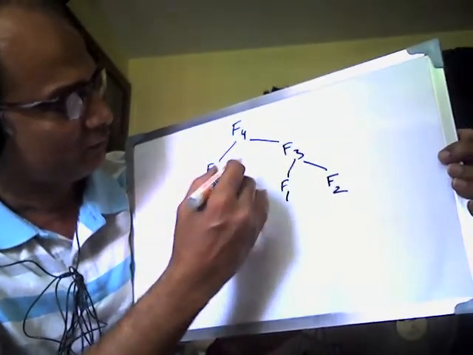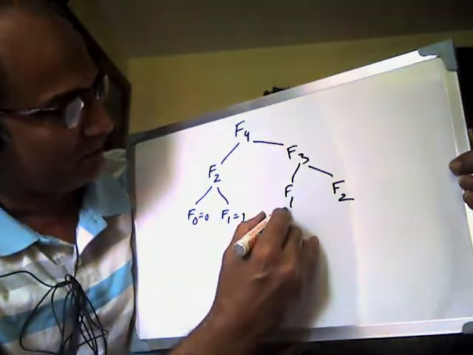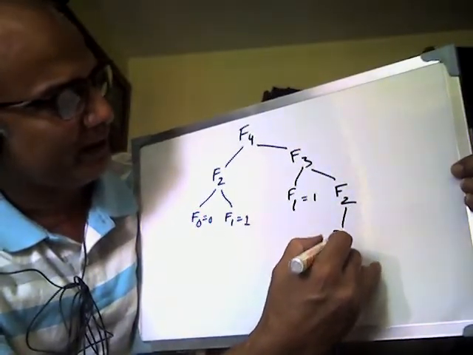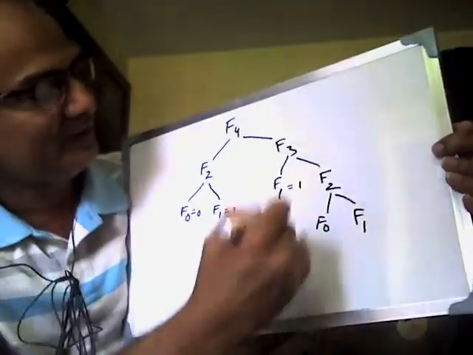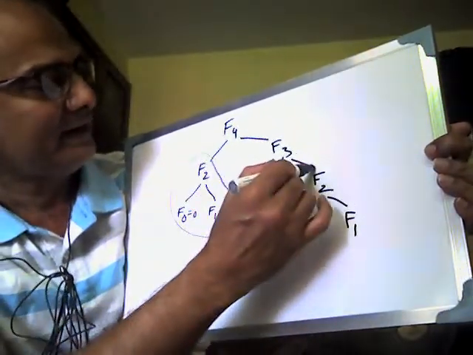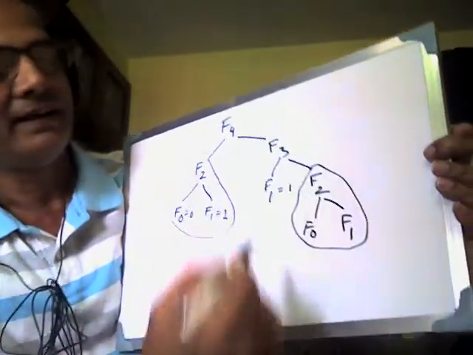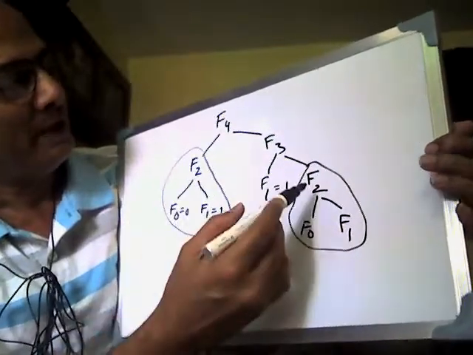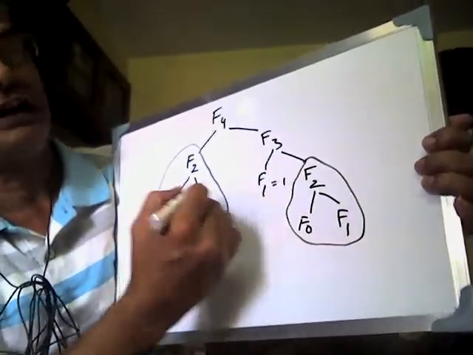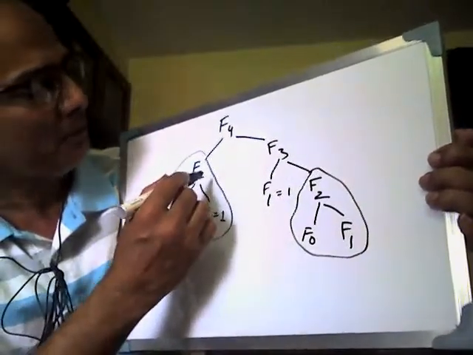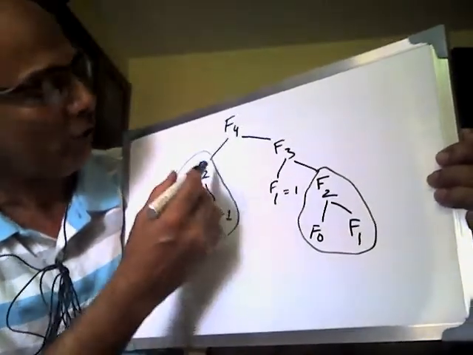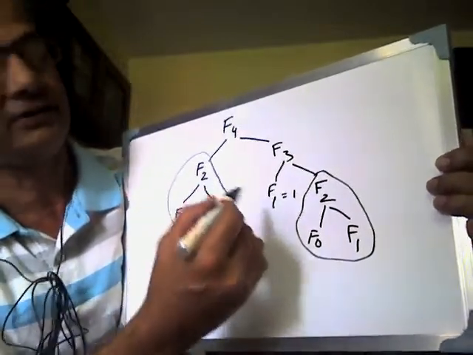These are the base terms. And what is F2? F2 is again F0 and F1. Now you see this, here F2 is calculated and here also F2 is calculated. That means so many sub-problems will be there, and those are overlapping. If you could store F2 somewhere, then you could reuse it again and again. But in recursion, that is not possible.